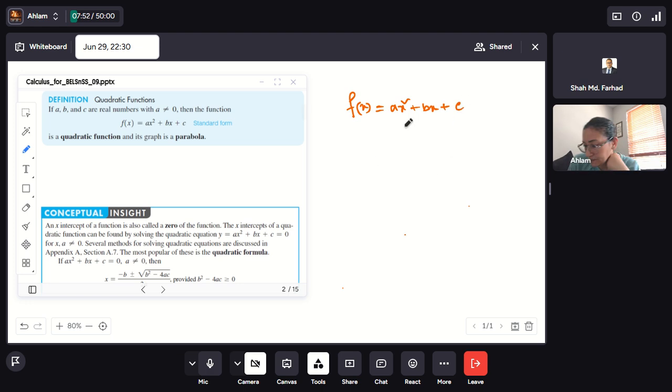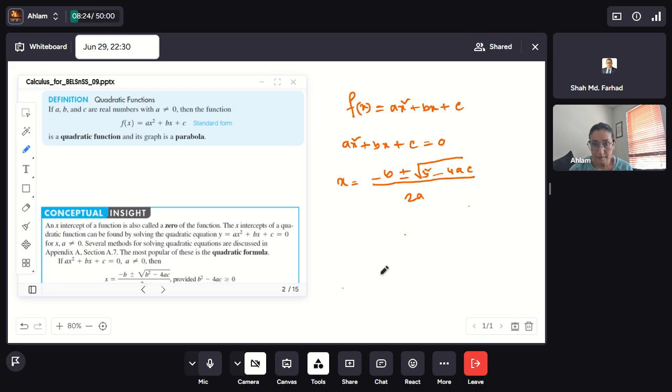And if we make it a quadratic equation, that is ax squared plus bx plus c equals 0, the solution of this quadratic equation is x equals negative b plus minus root over b squared minus 4ac, divided by 2a, right? That is basically the solution of a quadratic equation.